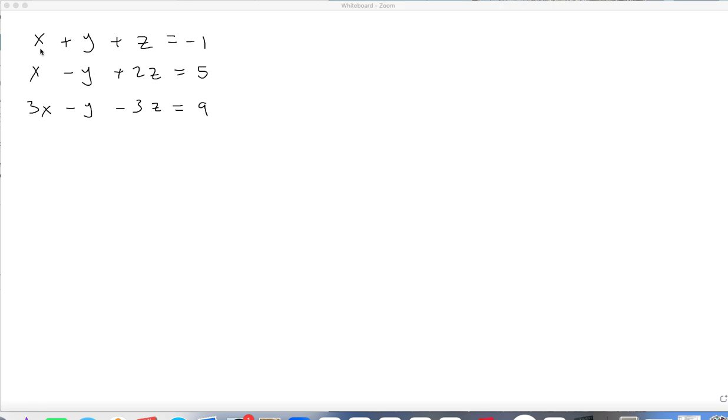So for instance, let's say I multiplied this first equation by -1 and I added it to this one. The negative x plus x, those would drop out, and I would have an equation in y's and z's. I would call that equation 4. I'll do a version of this in a second. I just want to talk through a couple of versions that I'm not going to do. So then I had used 1 and 2 and eliminated x. Now I could use 1 and 3 or 2 and 3.